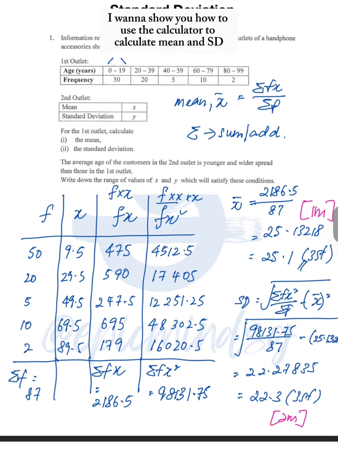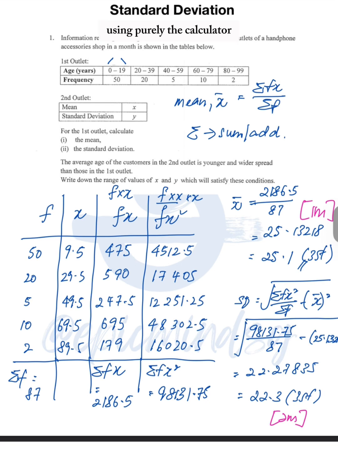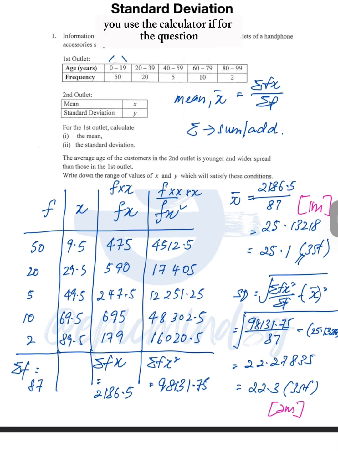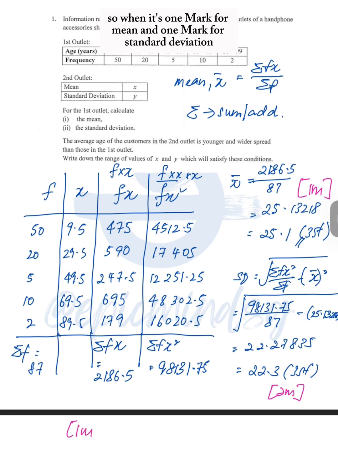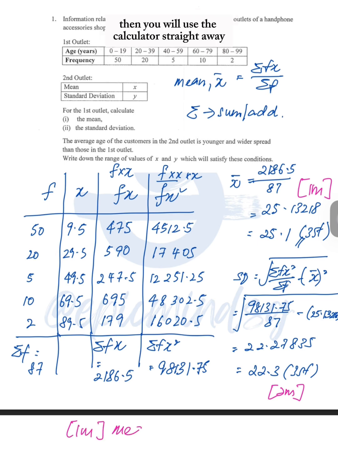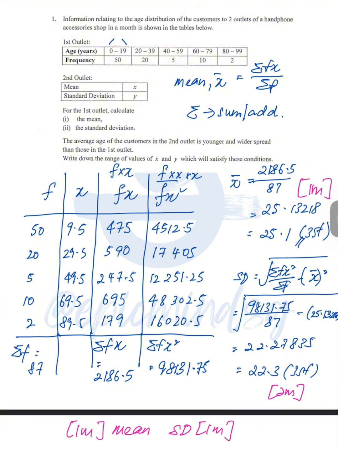I want to show you how to use a calculator to calculate mean and SD using purely the calculator. You use the calculator if the question only gives you 1 mark for mean and 1 mark for standard deviation. Then you will use the calculator straight away. Please go ahead and look at the video.